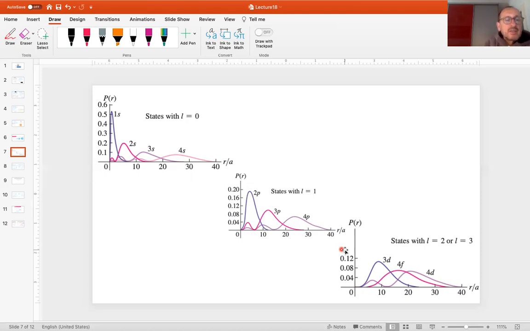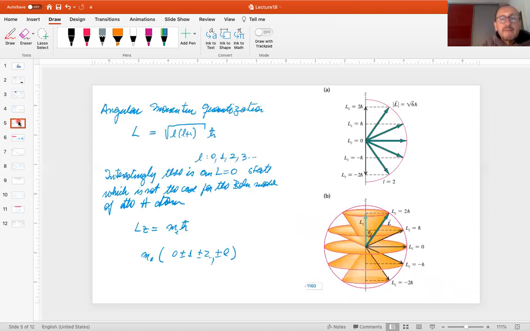If there's something one has to understand, it is this way of labeling things. The angular momentum increases this way.